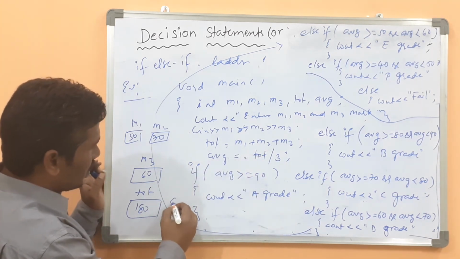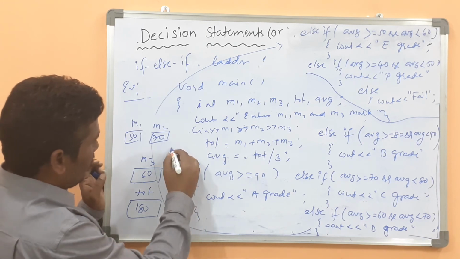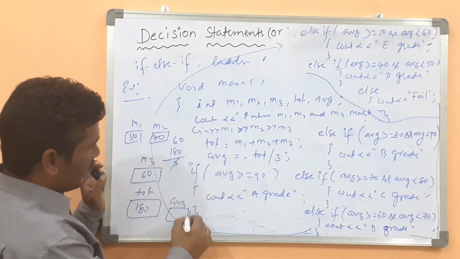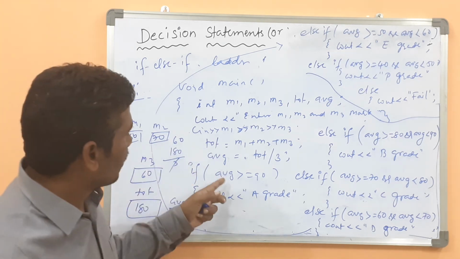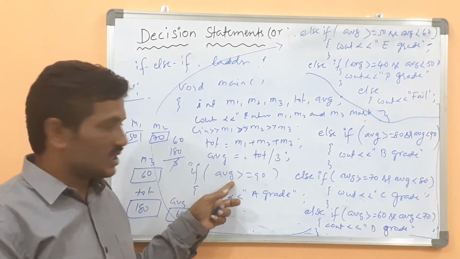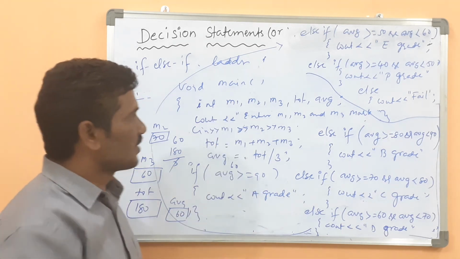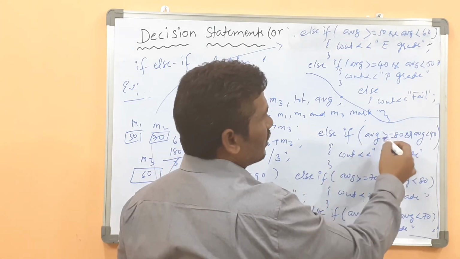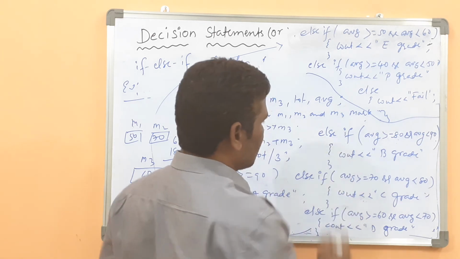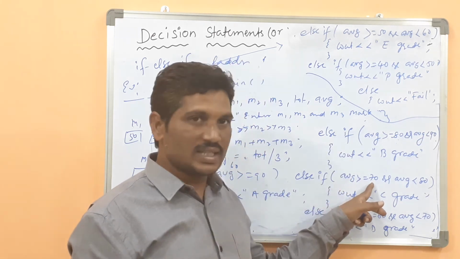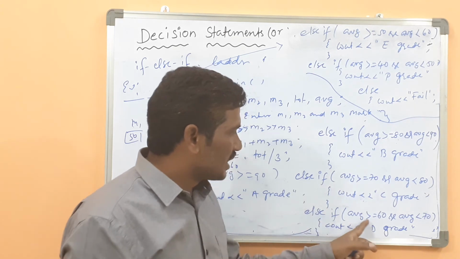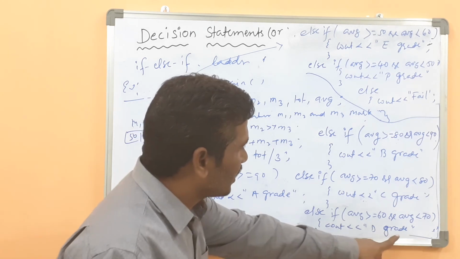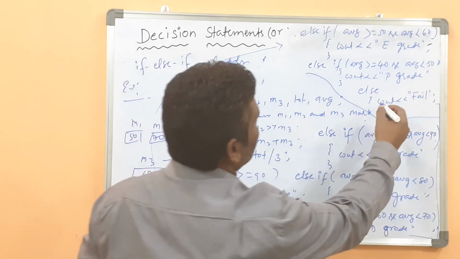Then average equals total by 3, 180 by 3, so average equals 60. Is the condition for 90 true? False. Then go to the next else if: is 60 in between 80 to 90? False. Between 70 to 80? False. Between 60 to 70? Yes, the average value is 60. What is the output we got? D grade.